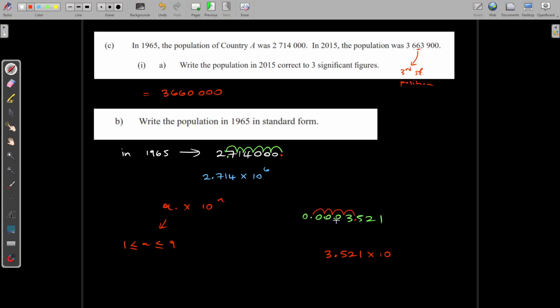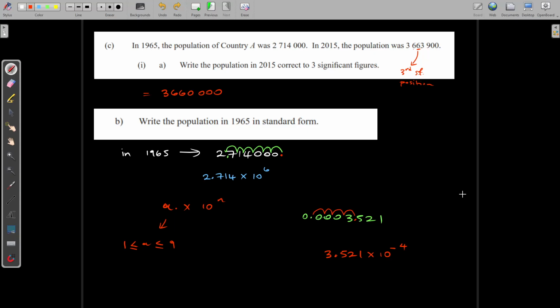But because we're moving from a smaller number to a bigger number, because this 0.000 something is smaller than this number, 3 point this, we're moving from a smaller to a bigger, so it has to be negative. This one at top, we're moving from a bigger to a smaller, so it has to be positive, the number up here.